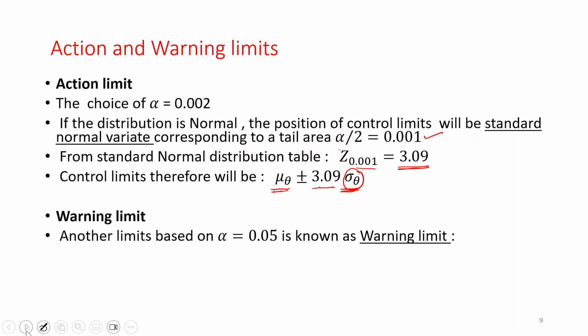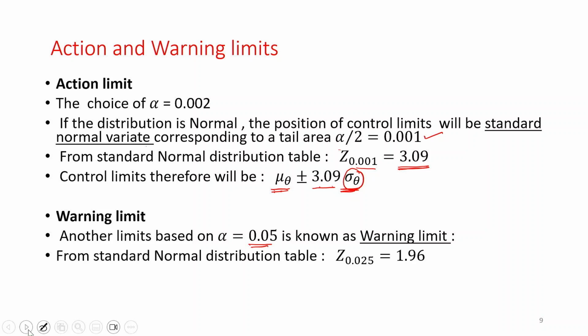The warning limit is based on alpha equal to 0.05, and when alpha is 0.05, alpha by 2 will be 0.025. So for alpha by 2 equal to 0.025, z 0.025 is going to be 1.96.